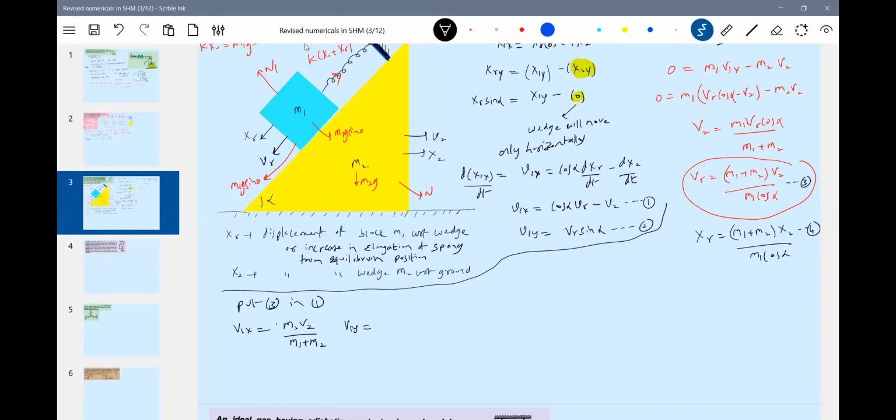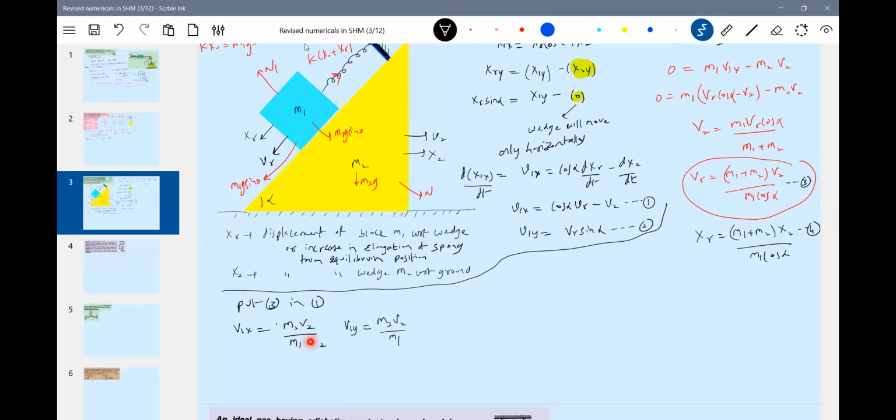Similarly, V1Y. Sir, M2 V2 by M1. V1Y will be VR sin alpha. So M1 plus. How much will we get? M2 V2 by M1 only. This V1X, sir. V1X, M2 V2 by M1.